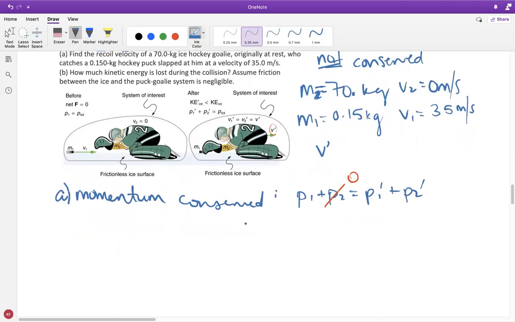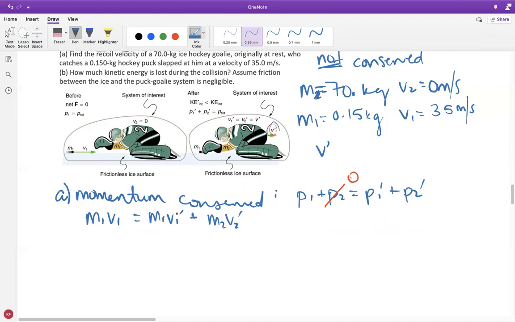So let me go ahead and rewrite this as M1 V1 equals M1 V1 prime plus M2 V2 prime. We notice that our final velocities should be the same here.